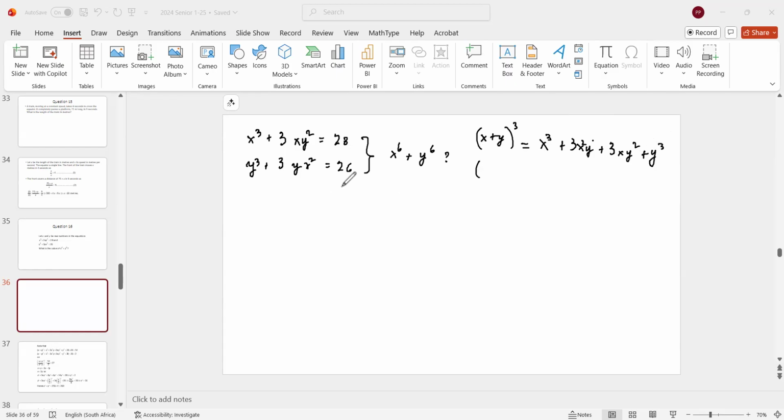While you also have x minus y all cubed, and that is x cubed, and this time you have minus 3x squared y plus 3xy squared minus y cubed.